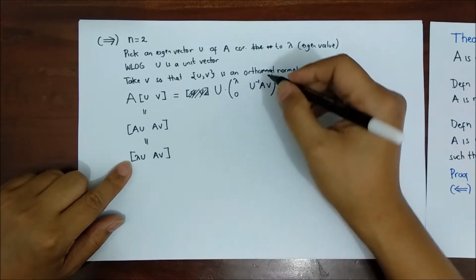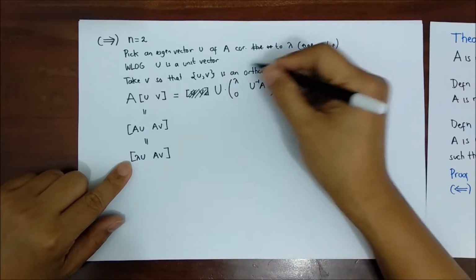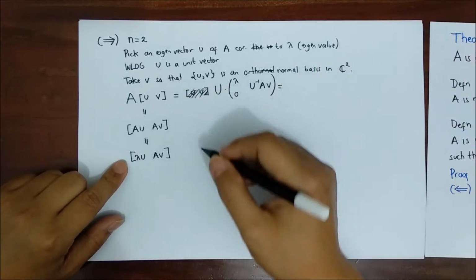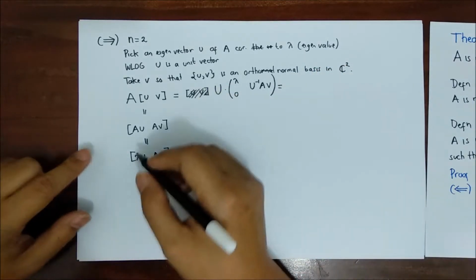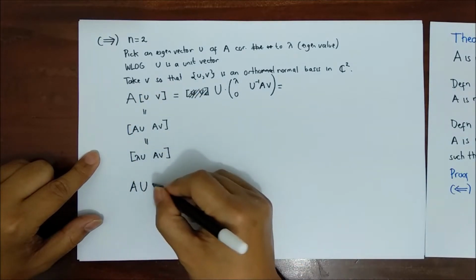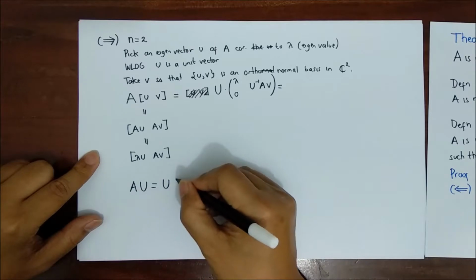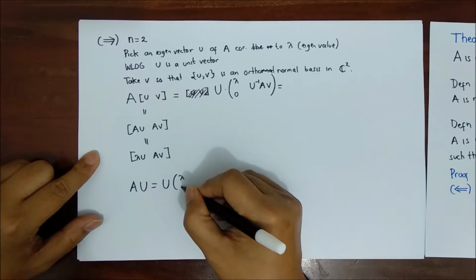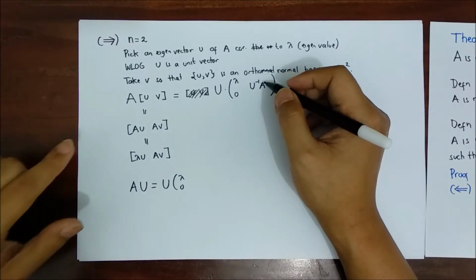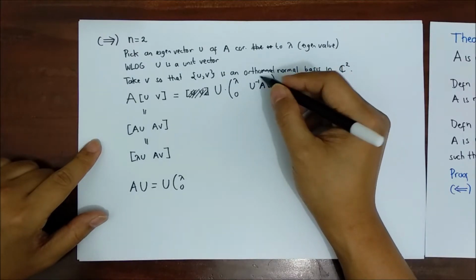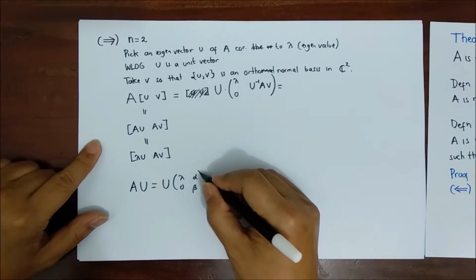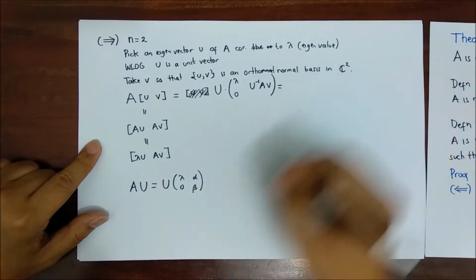To make this expression easier, we will rewrite this as AU equals U times the matrix with first row (lambda, 0), and then this is just any vector. We can replace this with, let's say, (alpha, beta), some vector in C^2.